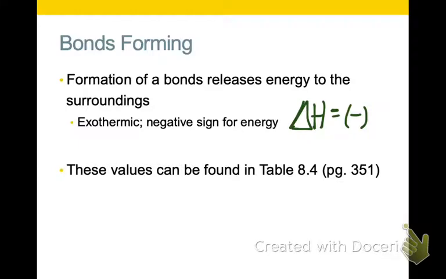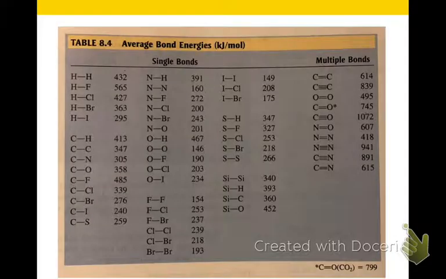And again, you can use that reference table on page 351 in your textbook. So here I put a picture from the textbook, and if you want to, you could screenshot it and you could keep it on your iPad. That way you wouldn't have to keep opening your textbook to look up those bond energies, but there they are, kilojoules per mole.